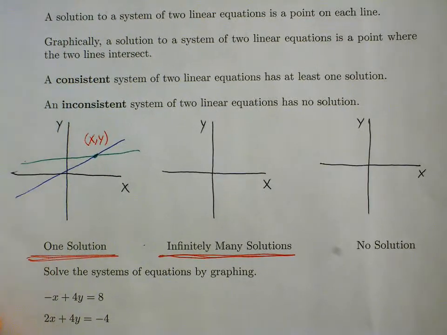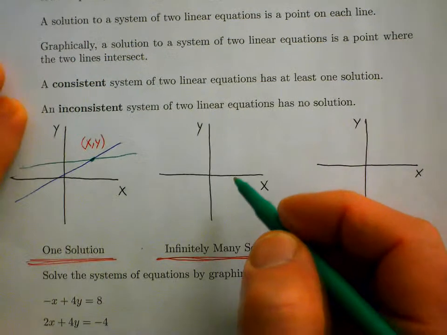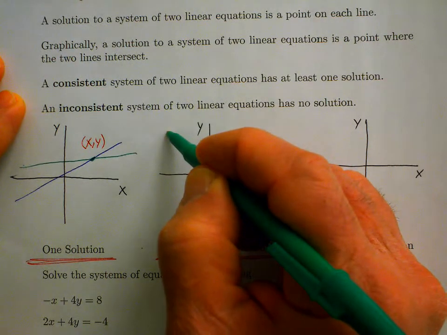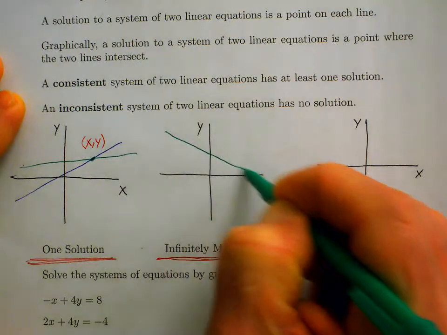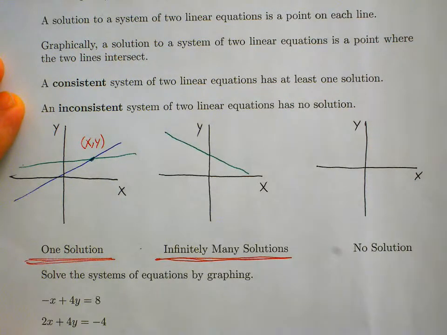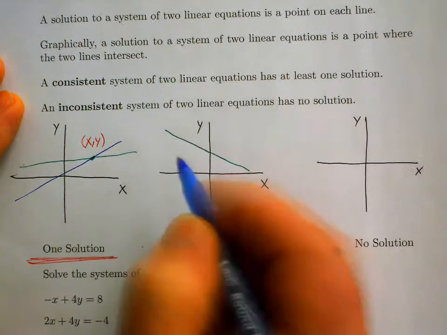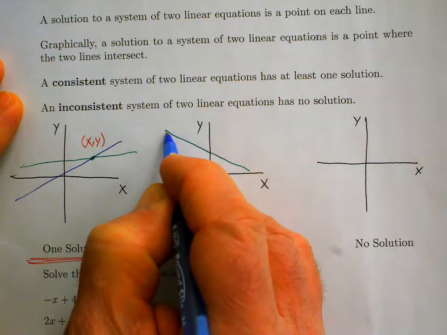So if two lines have an infinite number of intersections, then they're the same line. Yeah. That's the only way it can happen if they're straight lines. There's many ways that I could draw a line, but the idea here is that the two lines are the same line.